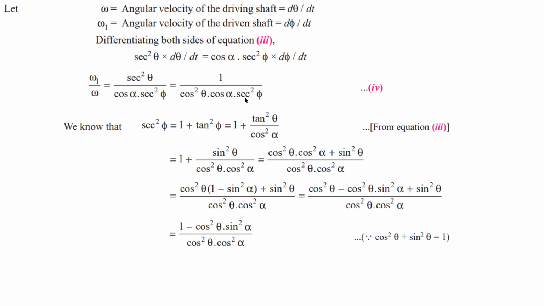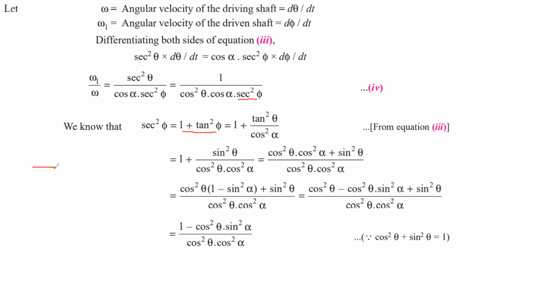This sec square phi is simplified further. You know this relation of trigonometry: sec square phi is equal to 1 plus tan square phi. Then you know the relation of tan phi with tan theta. So tan phi is equal to tan theta upon cos alpha.